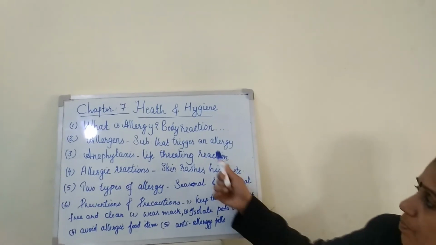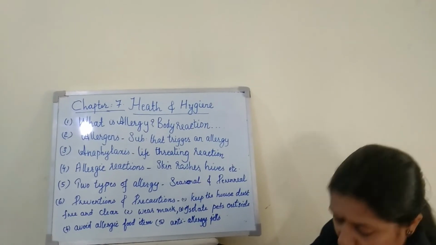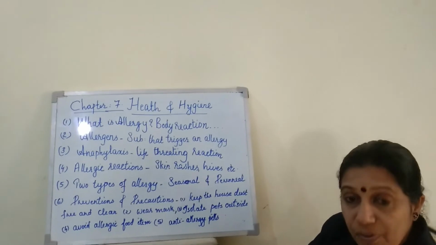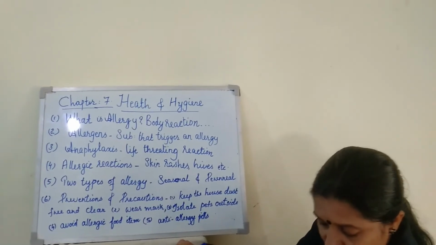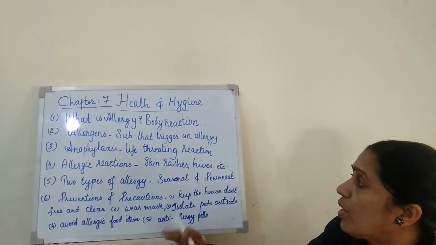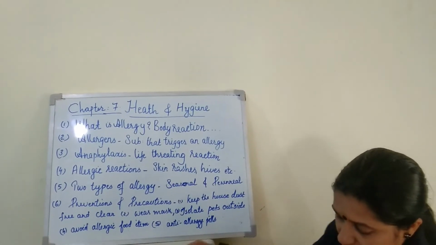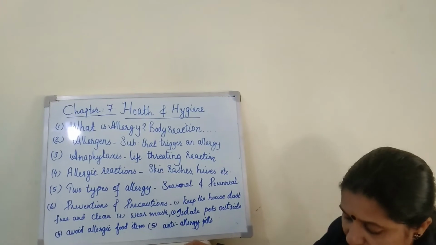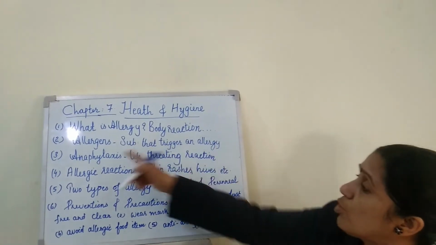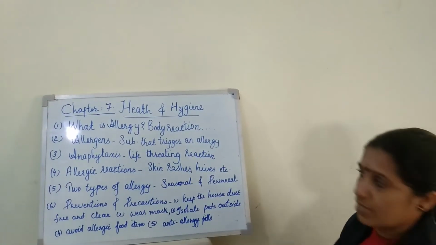For example, pollen dust, specific drugs, insects, so pollen grains, some medicines and some insects. These are examples of different kinds of allergens.